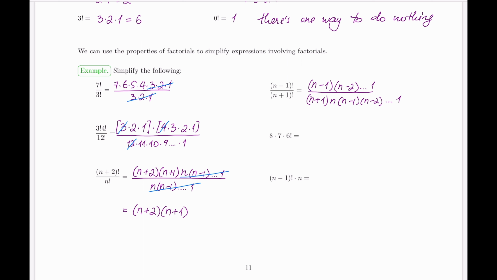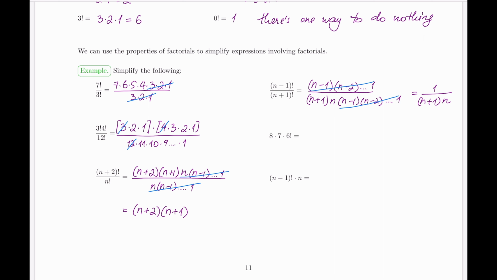And I can see that the entire top appears on the bottom, and the only things not canceled out on the bottom are going to be n plus 1 and n. Working with factorials gets easier with practice, so does everything in life. So the more examples you're going to do, the better.